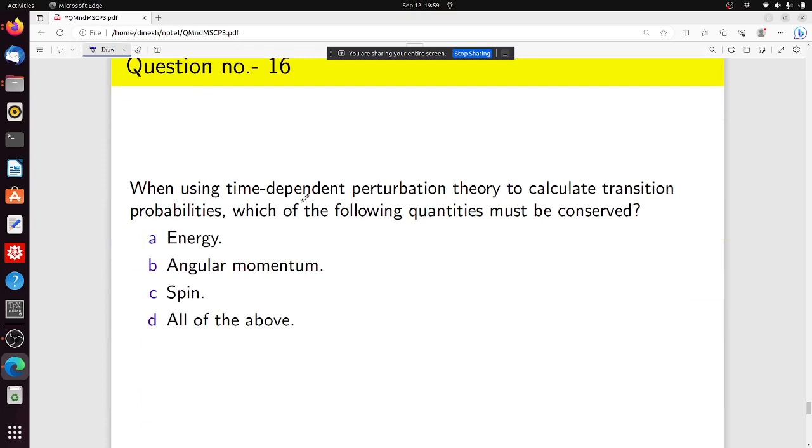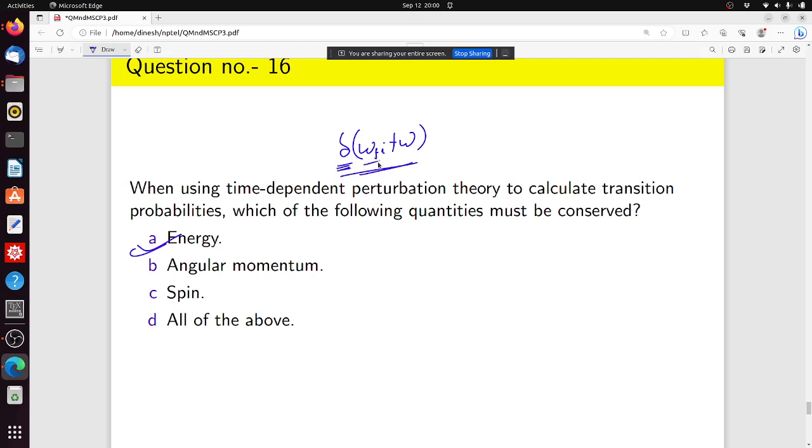When using time-dependent perturbation theory to calculate transition probability, which of the following quantities must be conserved? Okay, it's pretty trivial. Energy must be conserved. Yes, because we saw this delta function, omega fi minus omega plus omega.